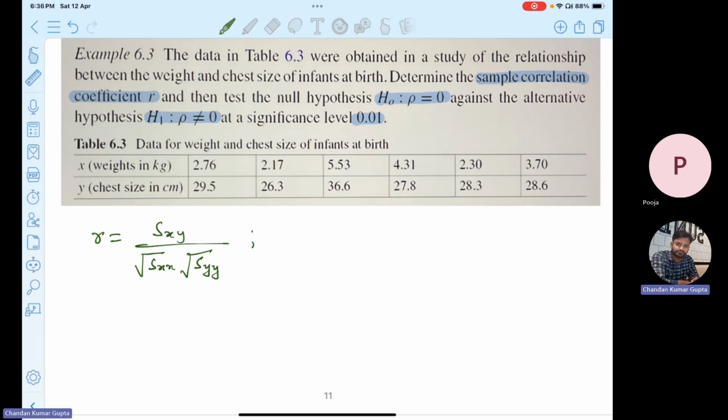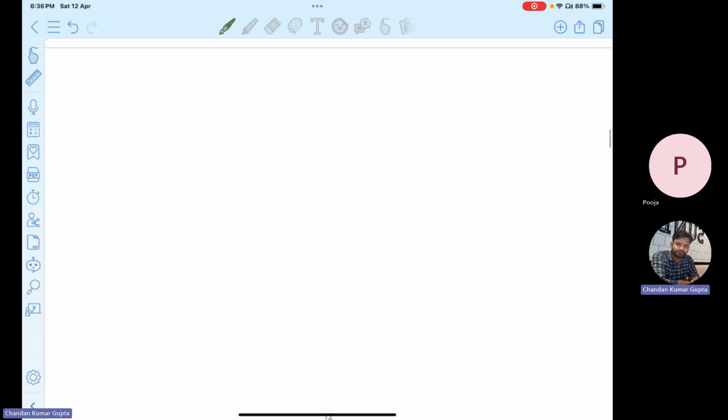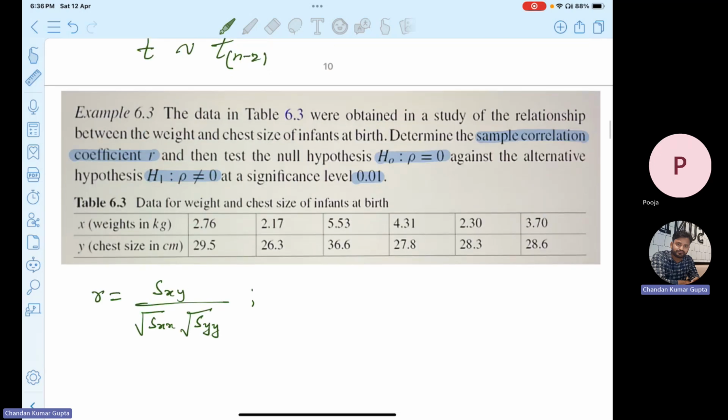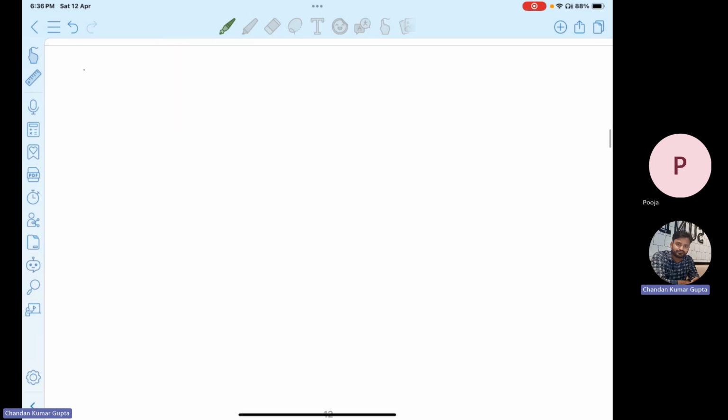They are calculated with the help of the table, so let's make the table on the next page. We are given X, the weight in kg, and Y, the chest size in centimeters.